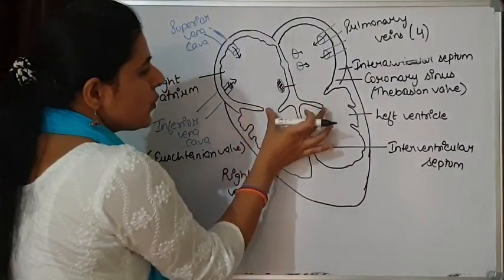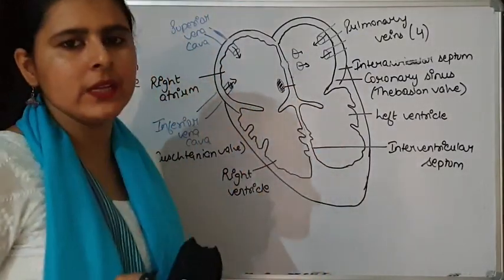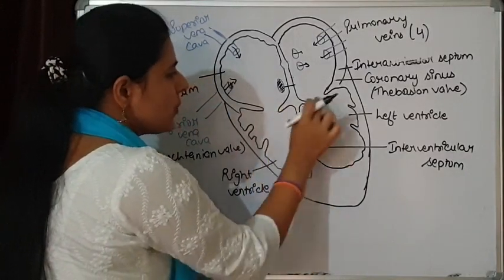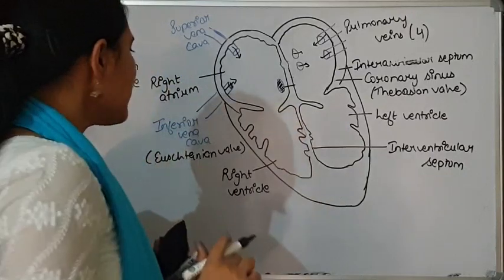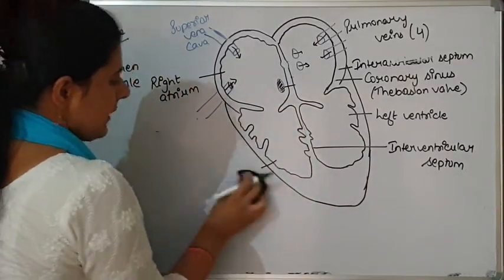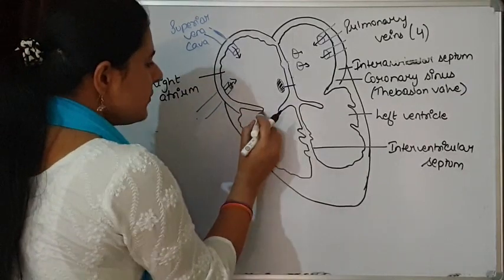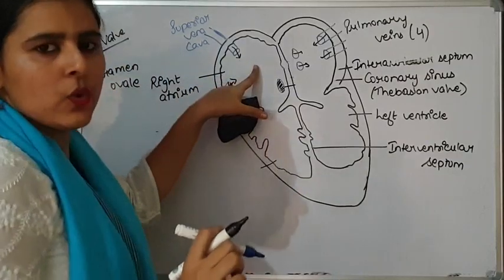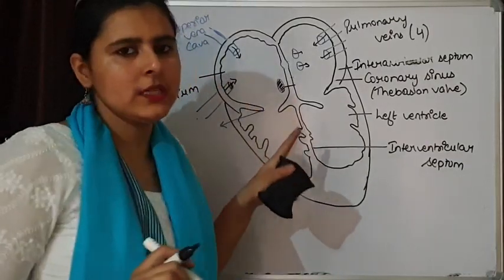When we move downwards towards the ventricles, we will see some flap-like structures that are present over here. These are again valves. This is one valve present between the right auricle, right atrium and right ventricle.